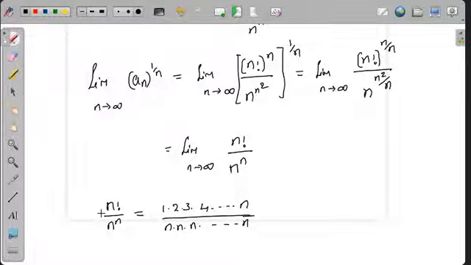Now, what do you think? Does the denominator dominate or does the numerator dominate? Which one dominates here? Numerator? Are you sure? Okay.